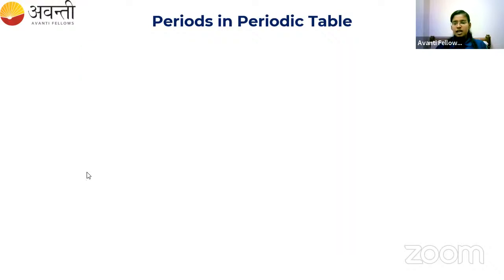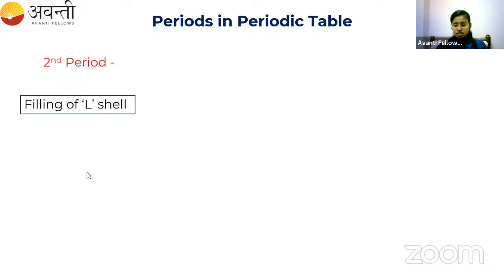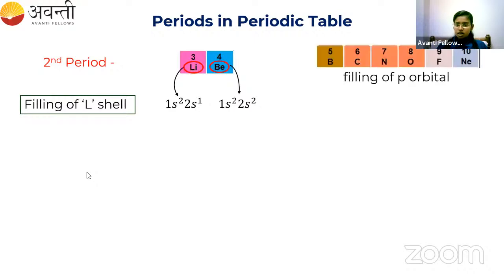Moving on to the second period. In the second period, the filling of the L shell takes place. I have lithium, where the electronic configuration is 1s2 2s1, and for beryllium it is 1s2 2s2. And I have boron till neon. Boron has 1s2 2s2 2p1. Carbon has 1s2 2s2 2p2. Like that it goes till neon with 1s2 2s2 2p6.